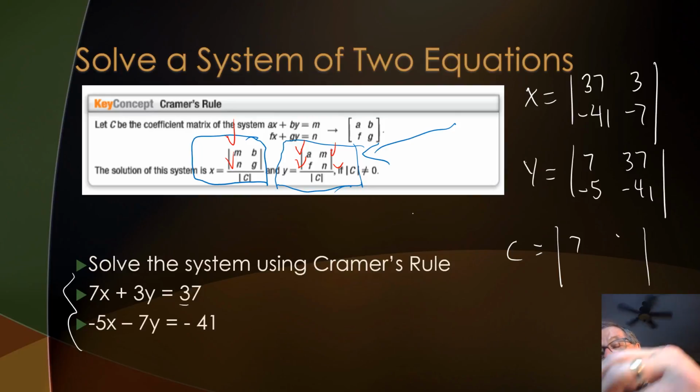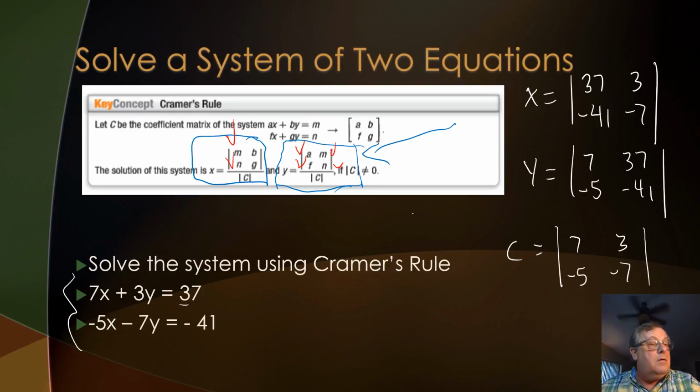We're just simply taking the coefficients of the variables. All right, so there are our matrices. Let's move over to the calculator and build our matrices, then find our determinants and use those determinants to find the x and y values.